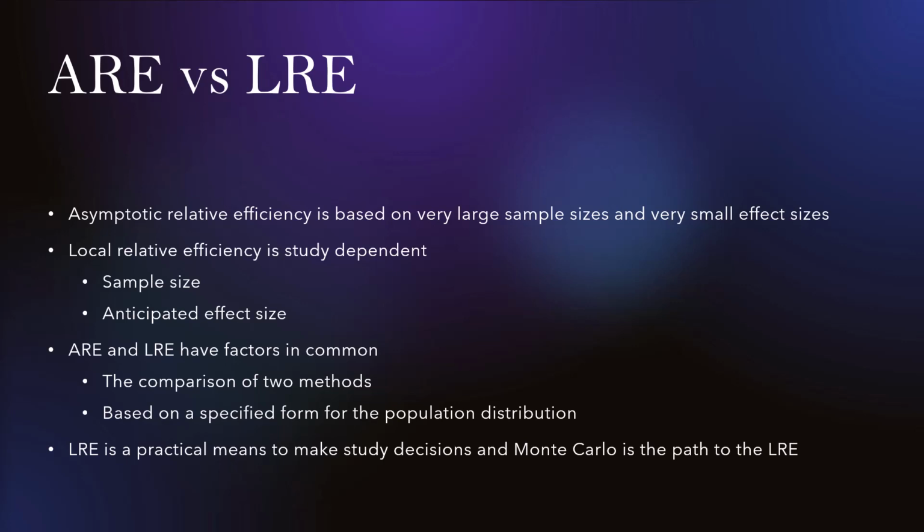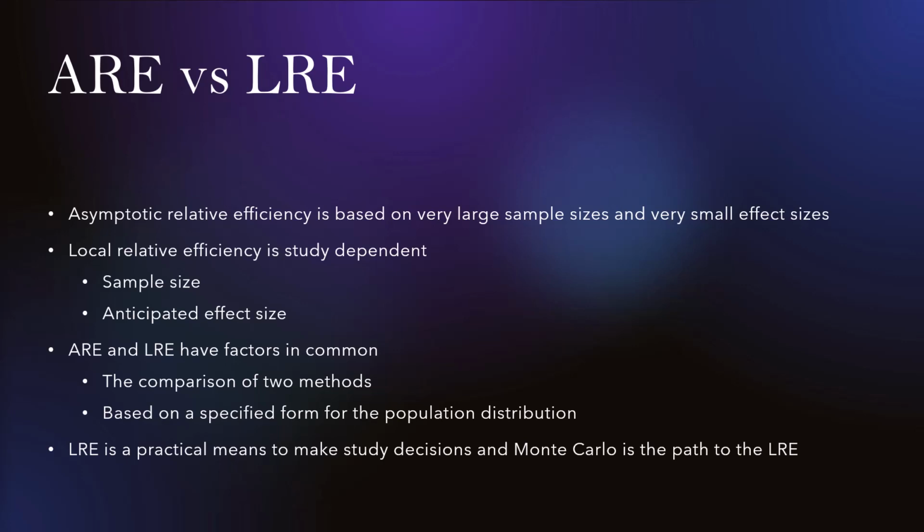They're useful for helping us get a general sense of how methods compare to one another, but it can be quite different than what we actually find in practical research settings where we're not going to have that big of a sample size and we may have a larger effect size. Local relative efficiency is study dependent. It depends upon a particular sample size and it depends upon the anticipated effect size.